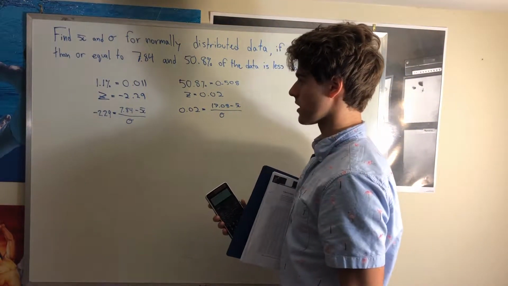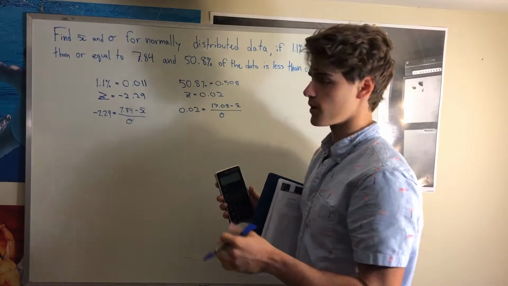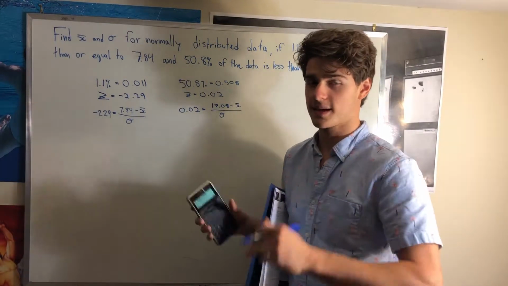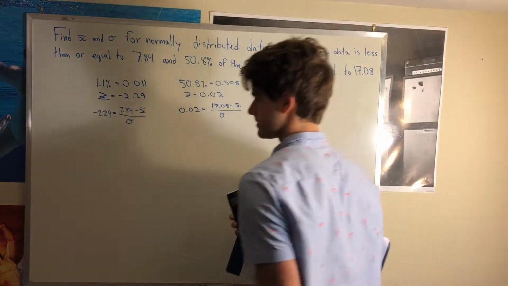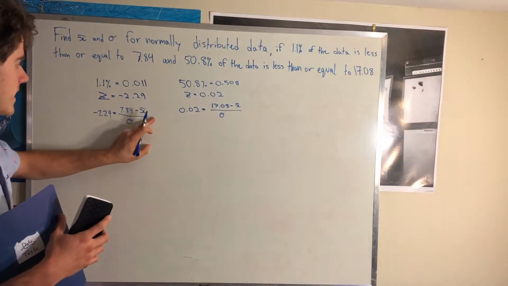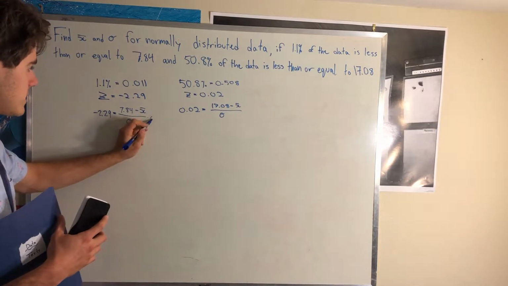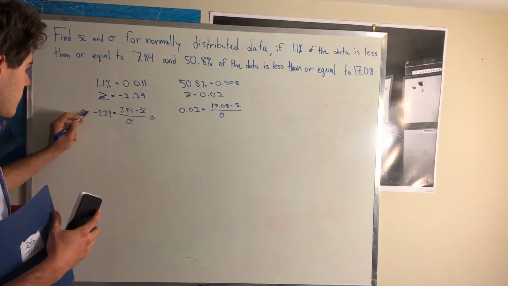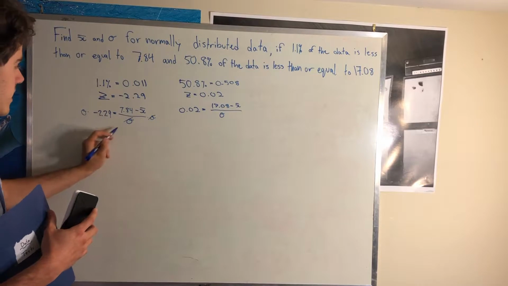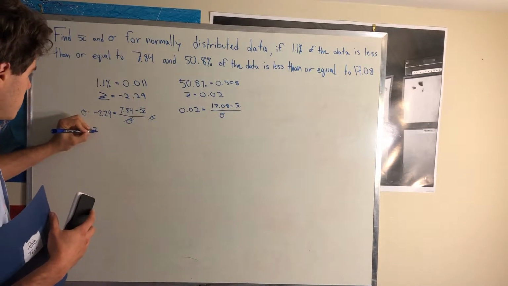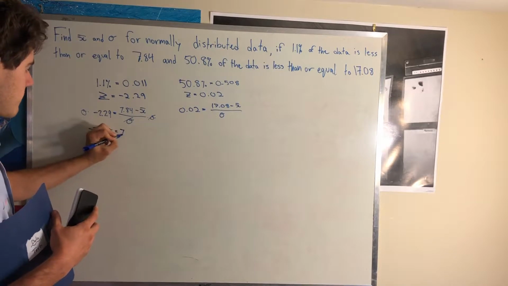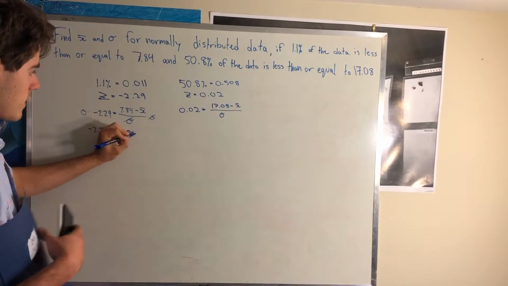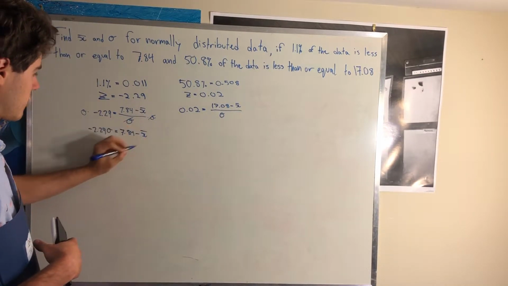All we have to do from here is we have two equations. We can isolate for one variable and then sub it into the other equation, okay? So that's what I'm going to do. On this side, if I multiply both sides by sigma, right, these ones will cross out, and now I have negative 2.29 sigma equals 7.84 minus x bar.